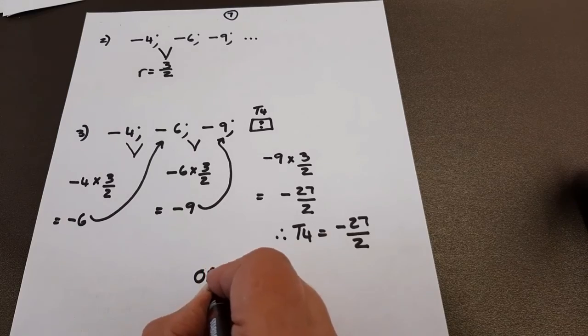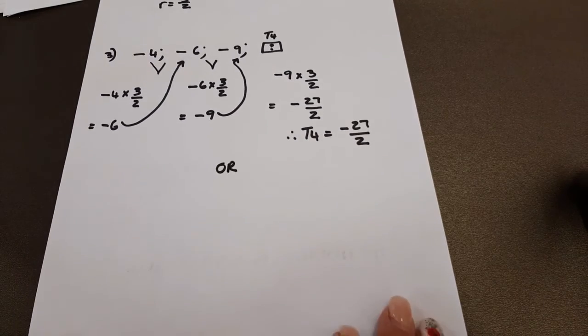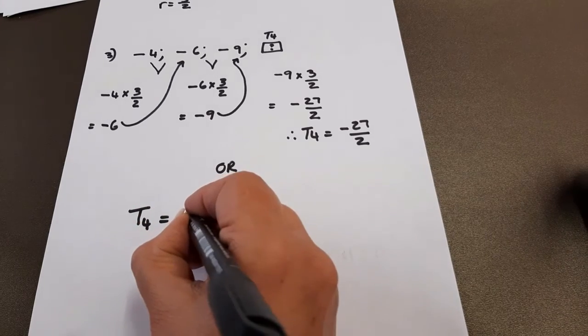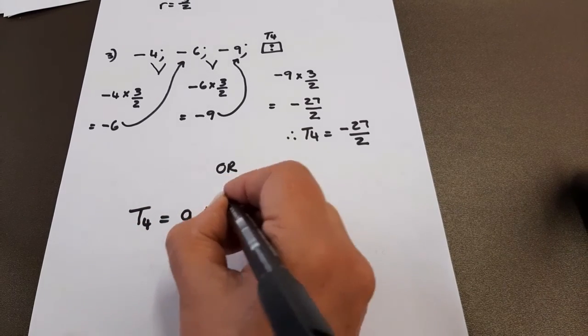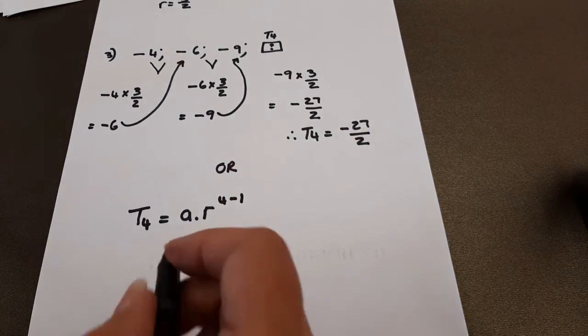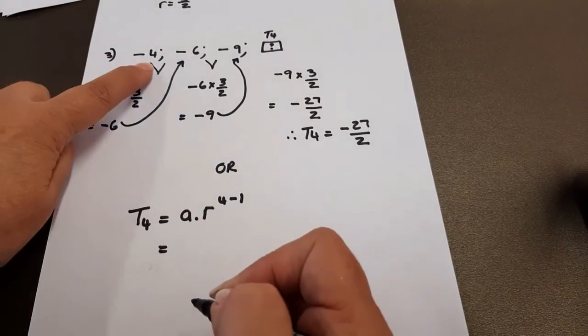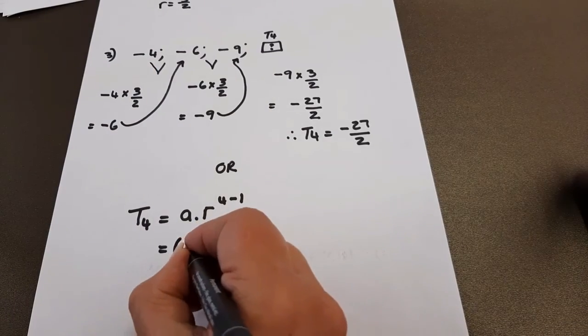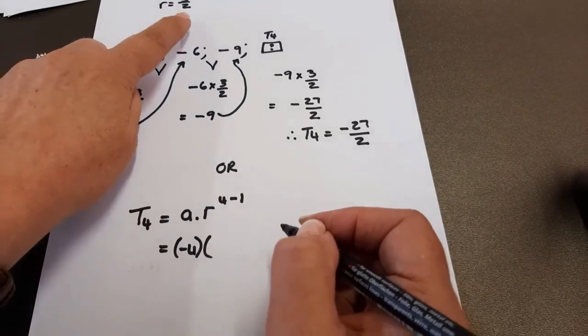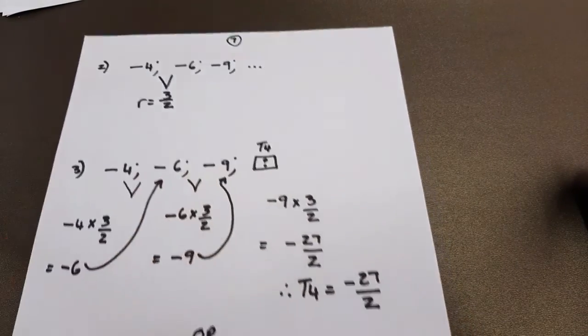Or, we use our formula. We want term 4, we use the general formula, with 4 minus 1. We know the first term's value is minus 4. We know the ratio is 3 over 2.